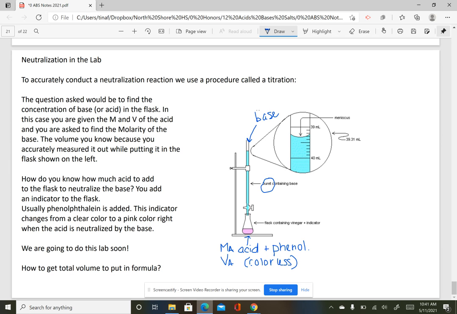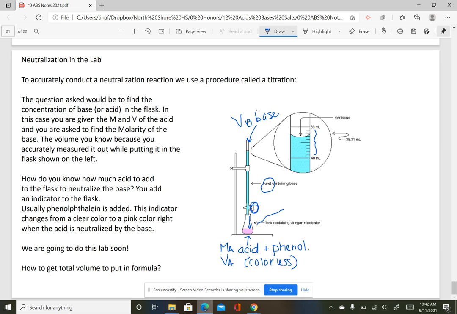In this column, there's base, and we're going to know the volume of the base because we're going to count how much base we add. When we open up this nozzle here, the base is going to pour into the acid, and we're going to count how much base we added to the acid. Now, how are we going to know when it's neutral? Phenolphthalein is pink when you have a base and colorless when you have an acid.